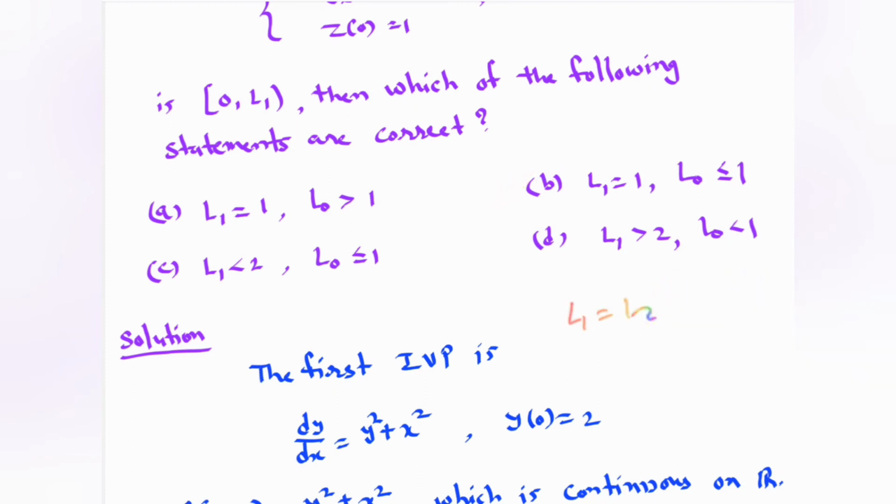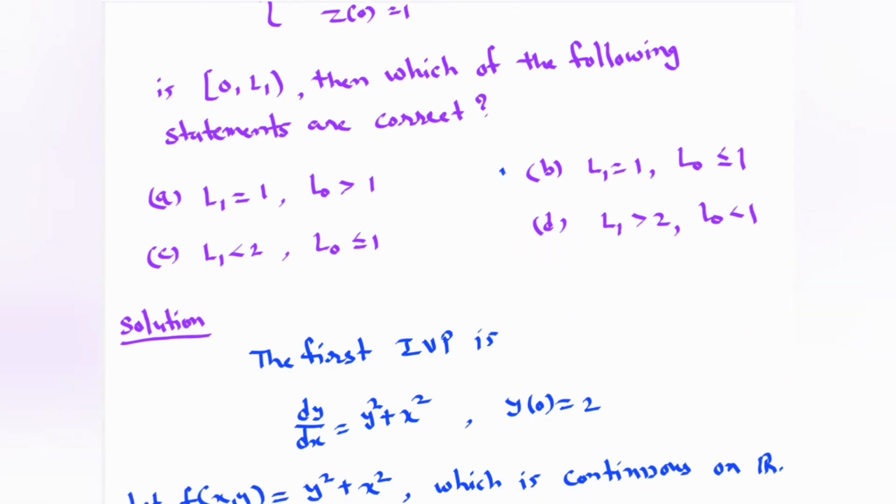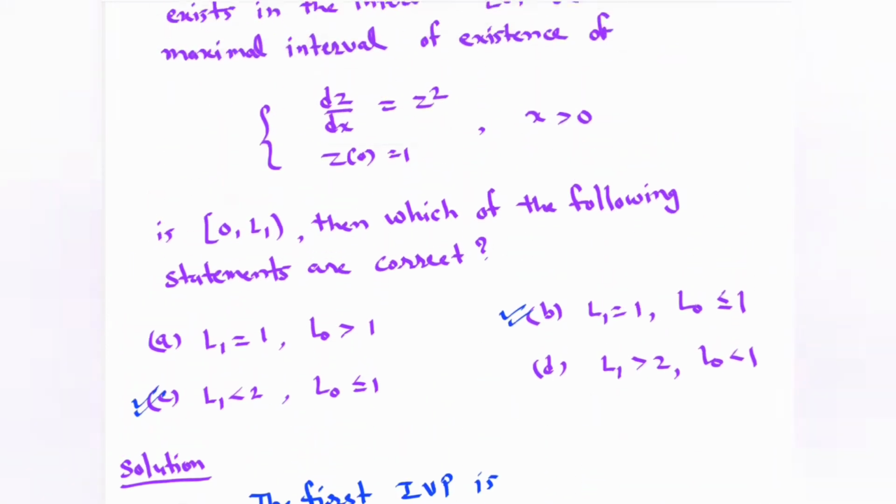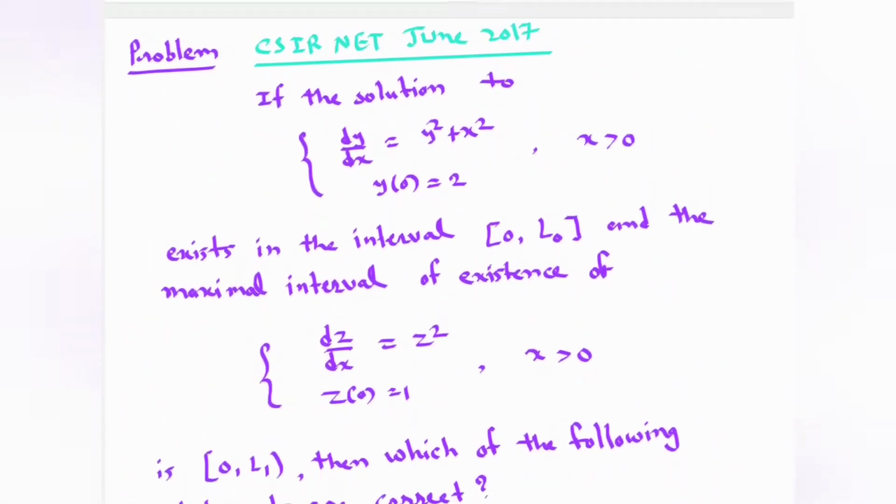In option D, L1 equal to 1, which is also less than 2, so it is also a correct option. And the last option is L1 greater than 2, which is not correct because L1 is 1, which is not greater than 2. So options 2 and 3 are the correct options for this problem.